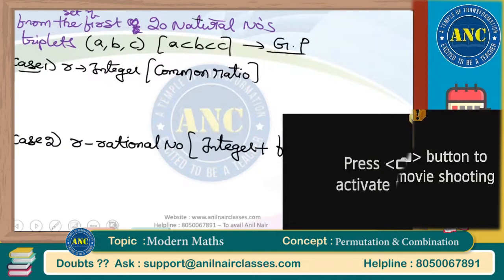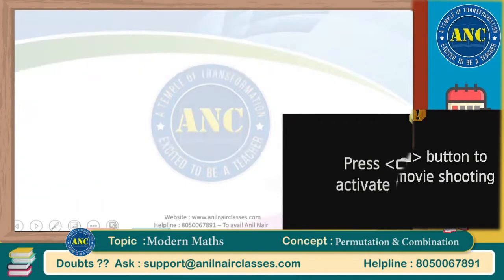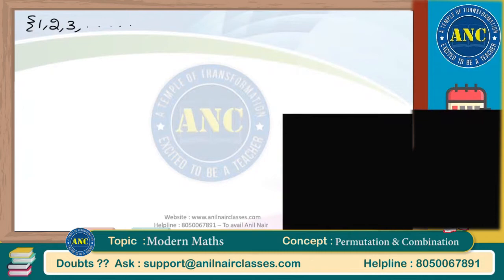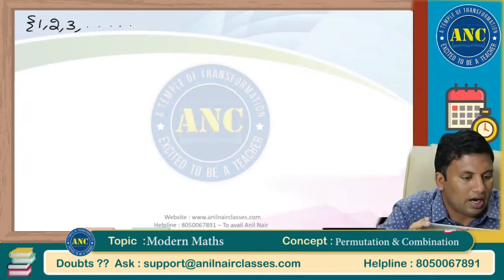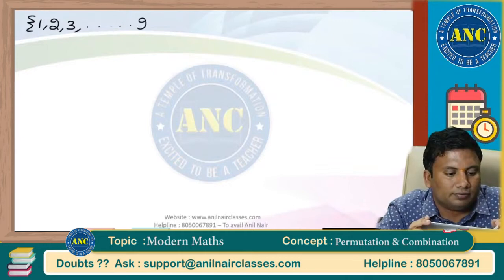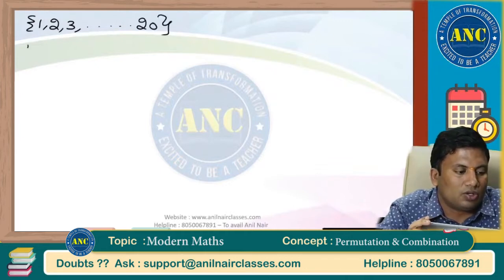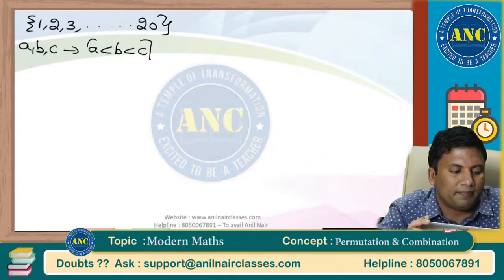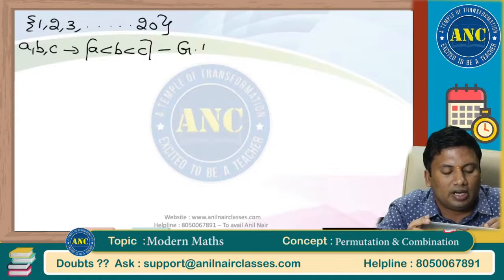Case number 1. First it is 20 natural numbers. 1, 2, 3 and so on up to 20. I have to choose a triplet A, B, C such that A less than B less than C. They are in geometric progression.